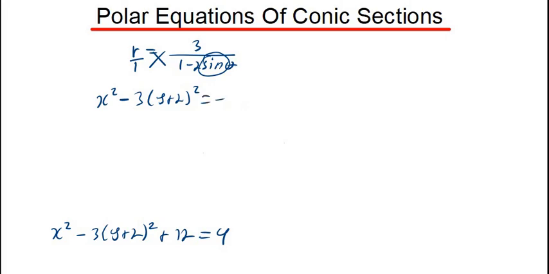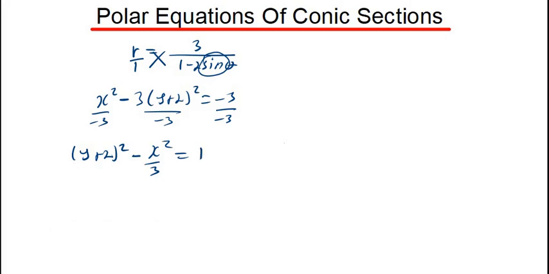Which equals minus 3. I'm going to divide both sides by minus 3. Minus 3 there and minus 3 there. So this part, we have a negative, and the negative becomes positive, and that's a 1. So that's just going to be y plus 2 squared, and this is going to be minus x squared divided by 3 because of the 3 there, equals 1, which makes a lot of sense that this is the equation of the hyperbola.